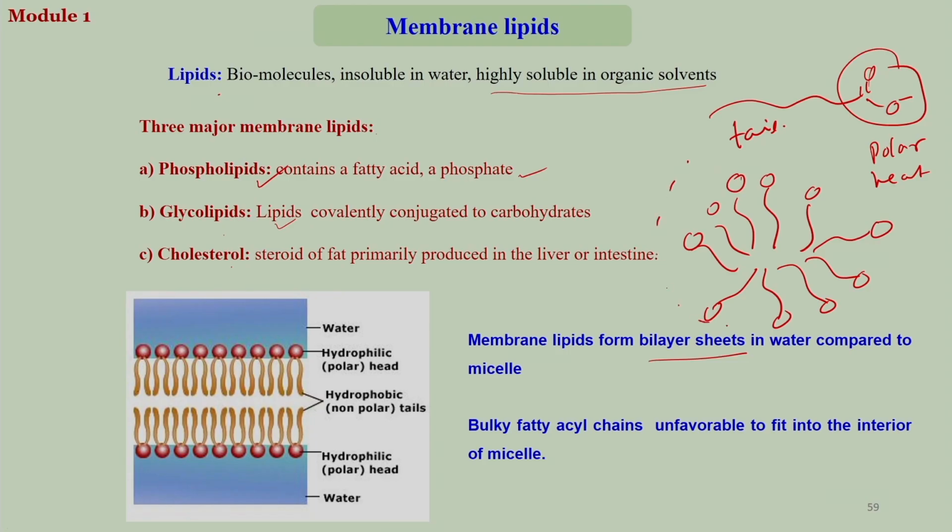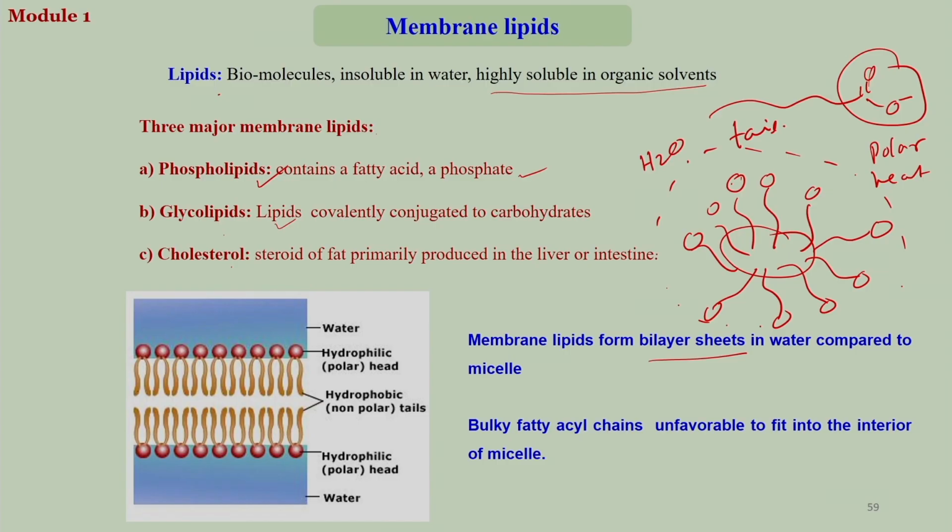Here all the water is there, and therefore the polar head would be exposed towards water. On the other hand, the hydrocarbons would shy away from water, and they would want to move away from each other and make a core here. This is how a micelle is formed, and this is a characteristic of most of the fatty acids. They form micelle in water in appropriate concentration.